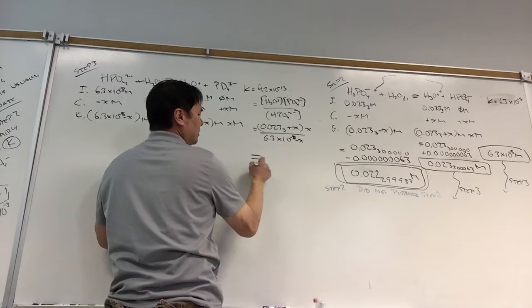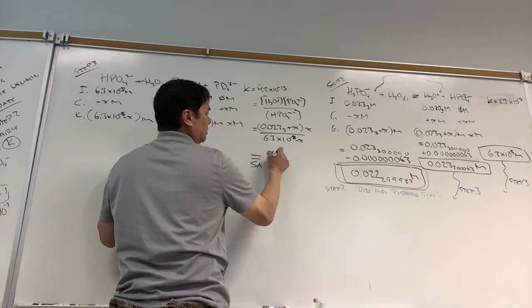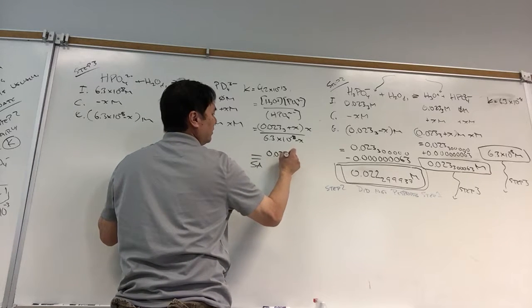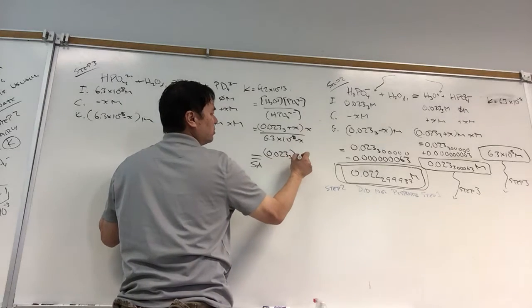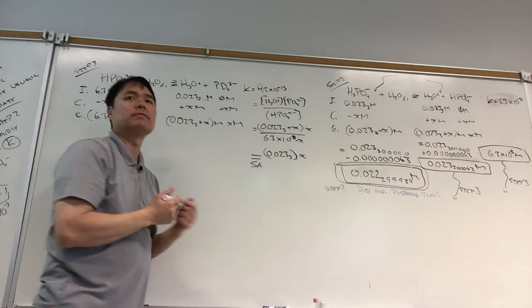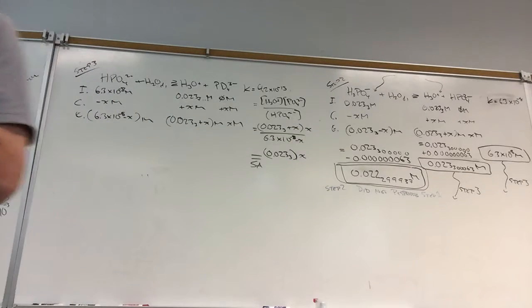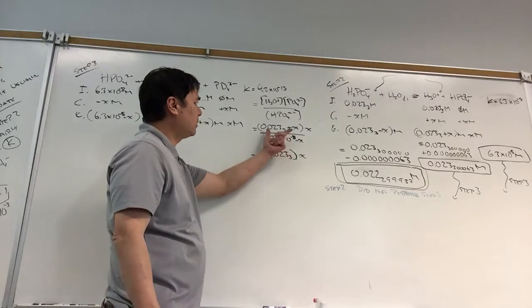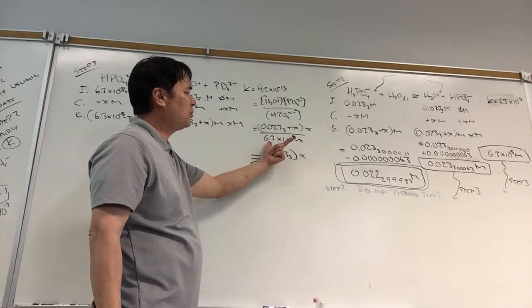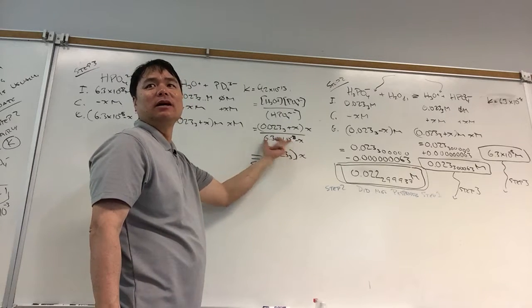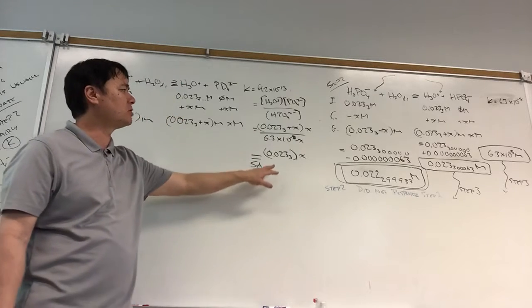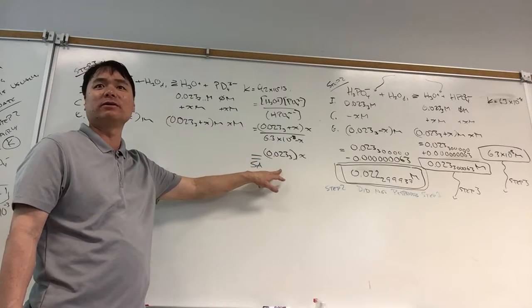And I just automatically do the simplifying assumption. 0.0233 plus x is just going to be 0.0233, times x. Now, the simplifying assumption is this. I expect, well, 0.023 is kind of big, but 6.3 times 10 to the minus 8 is not so big. So what you could do is apply the simplifying assumption just to the numerator, but leave the denominator intact.